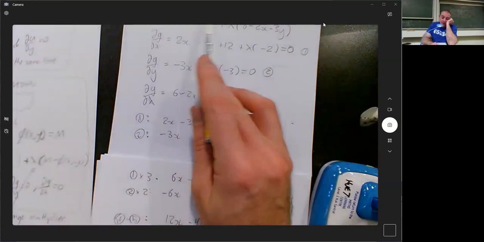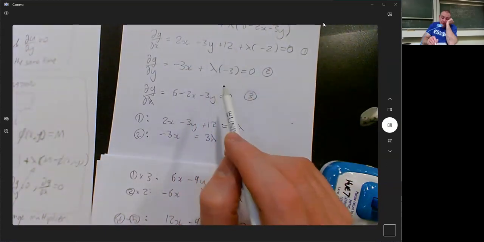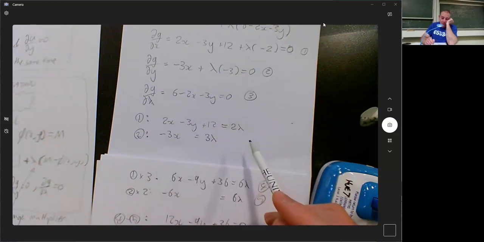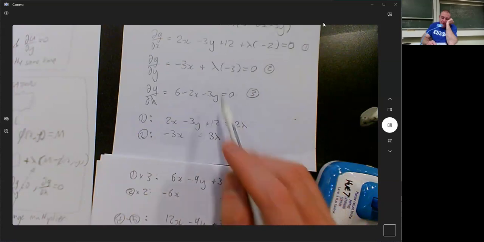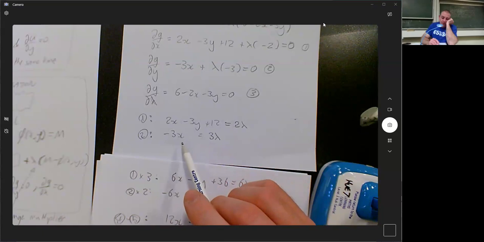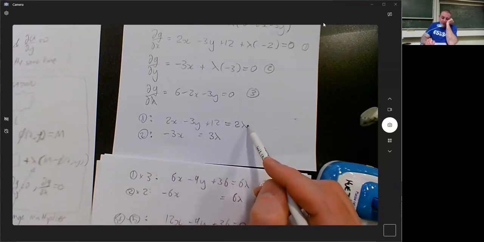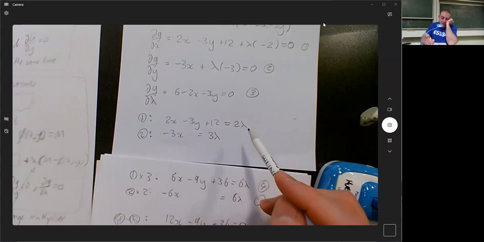2x minus 3y, 12. Put the 2 lambda over there, and put the 3 lambda over there. And then we multiplied this one by 3. By 2.